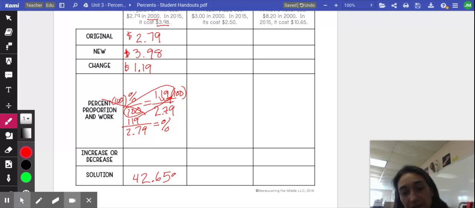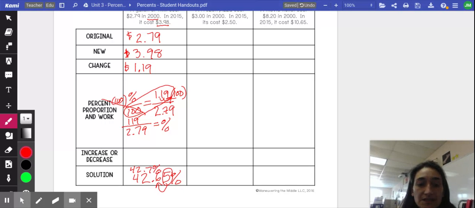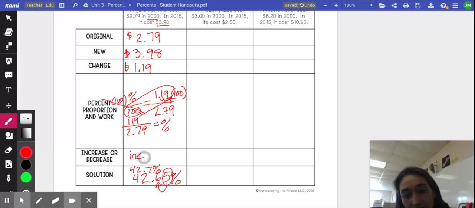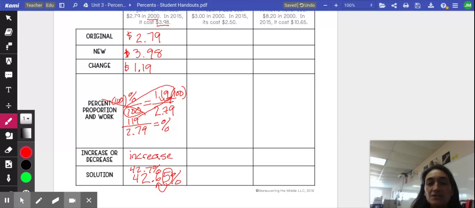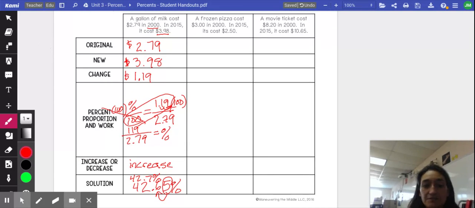So I could have 42.65%, or this 5 could make that 6 round up, and I could say 42.7%. The difference between an increase and a decrease is, did my price go up or did my price go down? In this case, it was an increase because it got more expensive as the time went on. So I saw an increase of 42.7% in the cost of milk from 2000 to 2015.